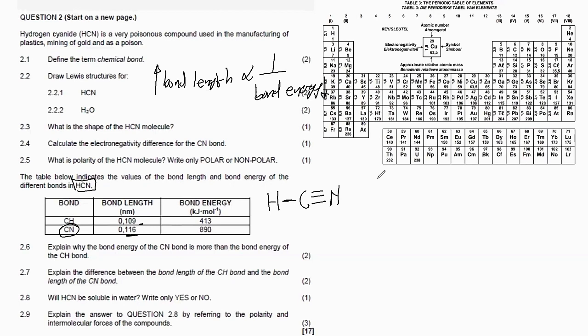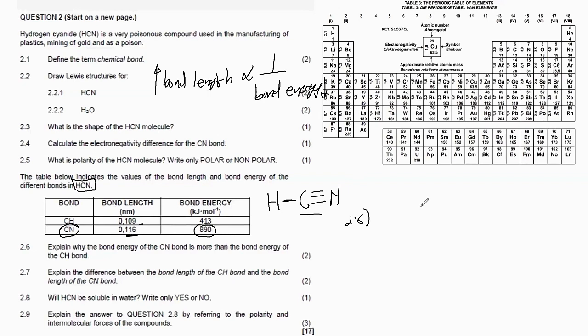So now, what is really affecting our bond energy here is not the bond length. It is the bond order, right? So the reason we see this one, even though it has a greater bond length, still maintains a higher bond energy is because of its higher bond order.